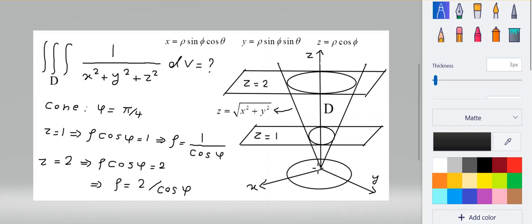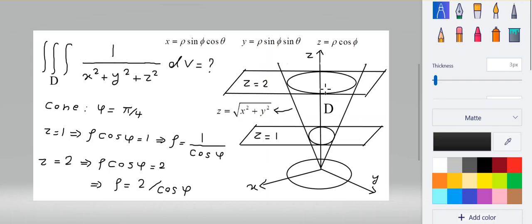So we can say rho is from this plane, whose spherical equation is 1 over cosine phi, to the spherical equation of this plane, which is 2 over cosine phi.